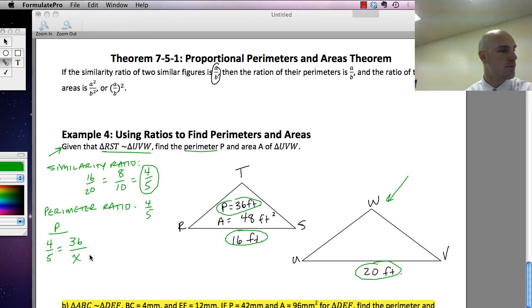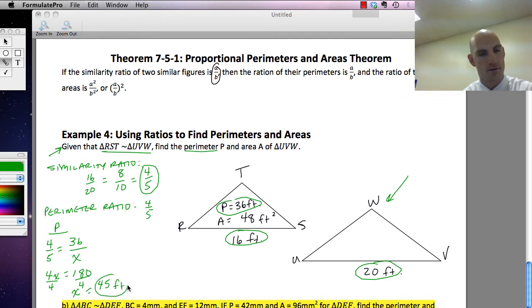So 4x equals 5 times 36, that's 5 times 30, which is 150, plus 5 times 6 is 30, so this is 180. I divide by 4, and x is equal to 45 feet. So the perimeter of this one is 45 feet, because 45 over 36 is equal to the same ratio as 20 over 16.